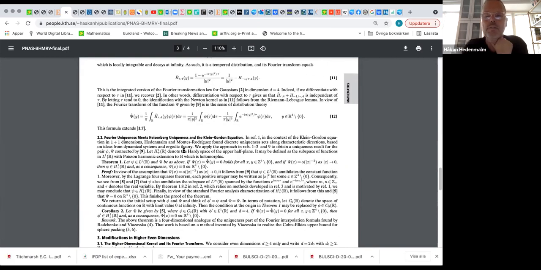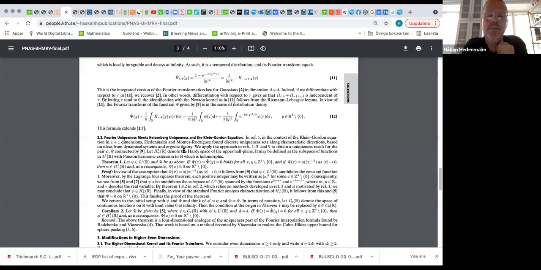And if the function psi and its Fourier transform vanish on all integers in Z^4, and we work in 4 dimensions, and if the behavior is not too terrible at the origin, then this little psi is in H1 in the upper half plane, and as a consequence, your function capital Psi is 0.